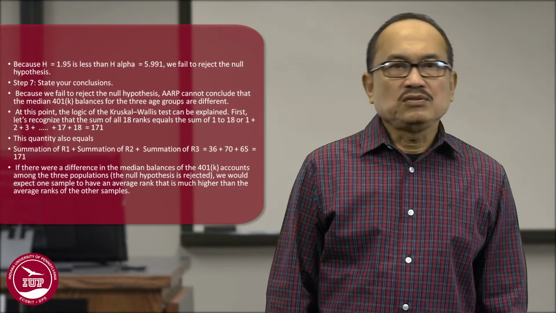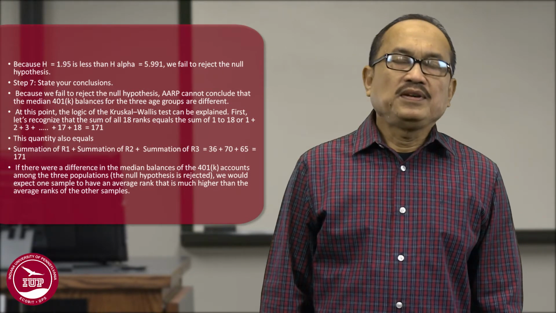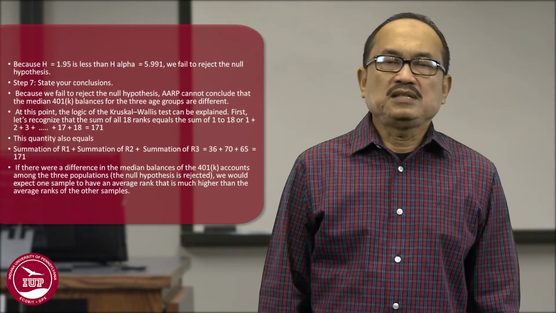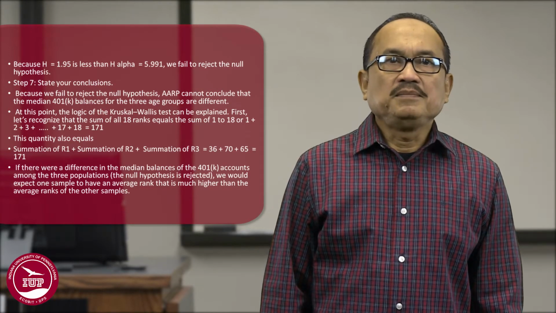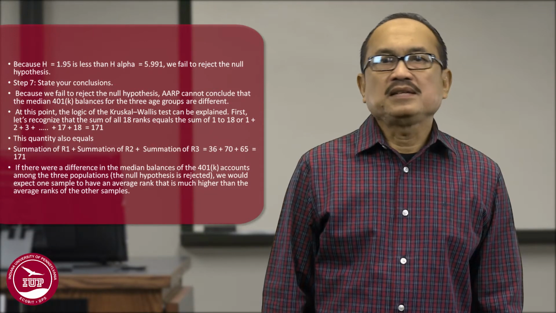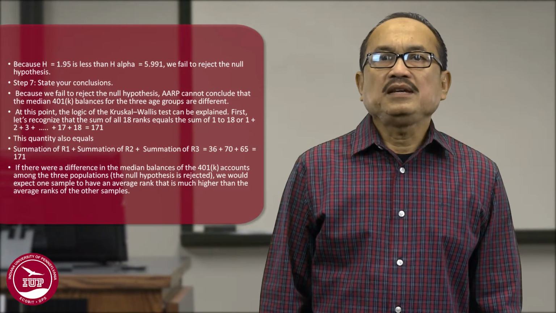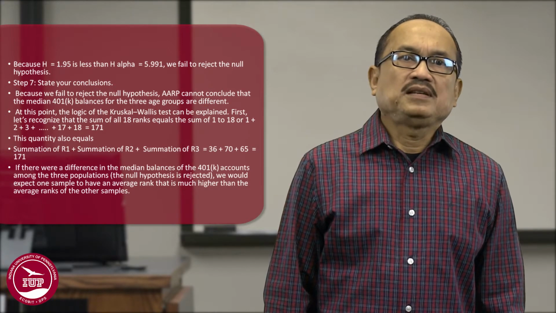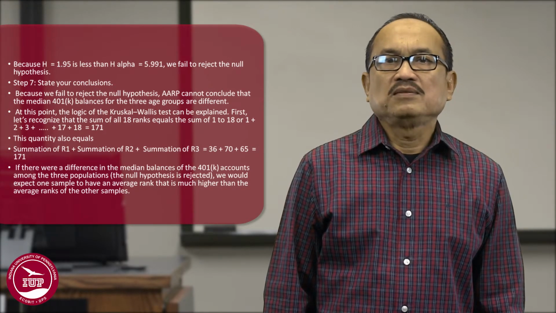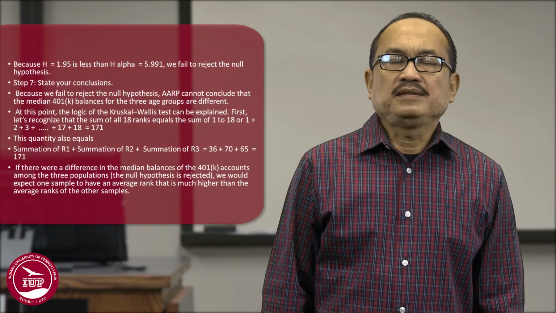State your conclusion. Because we fail to reject the null hypothesis, AARP cannot conclude that the median 401k balances for the three age groups are different. At this point, the logic of the Kruskal-Wallis test can be explained.